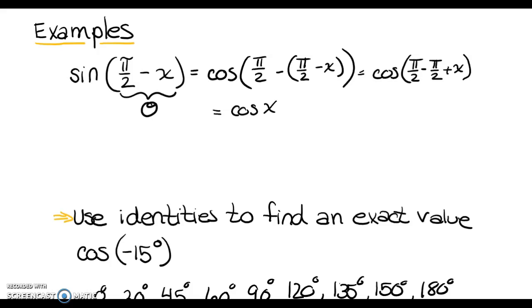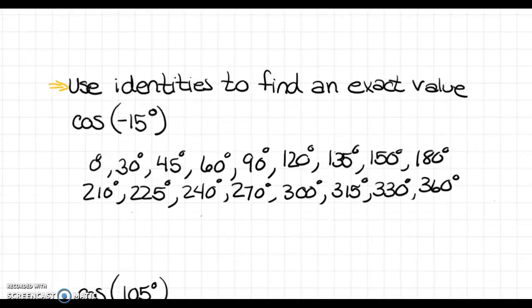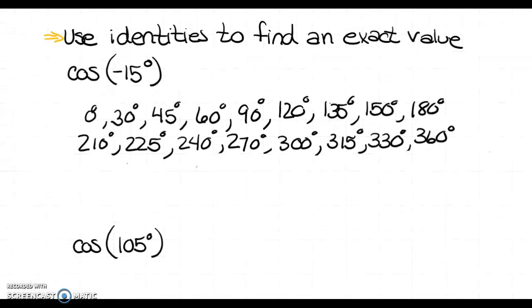So that was a nice little example of how to use your cofunction identity to simplify a sine function or another function.